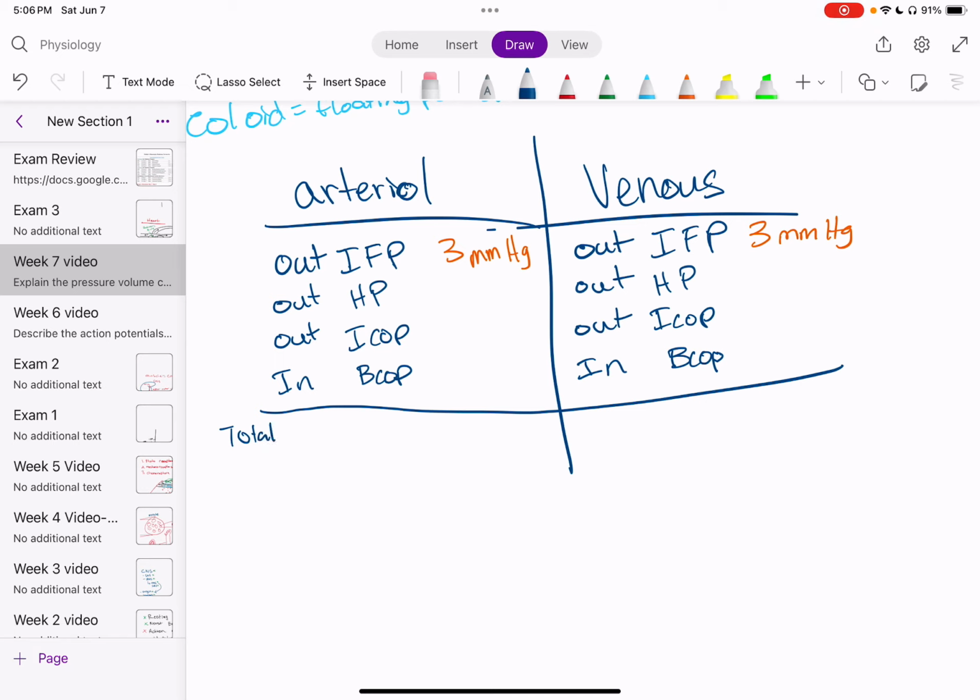Okay, so on the arterial side, this hydrostatic pressure is 30 millimeters of mercury. And on the venous side, it's only 10 millimeters of mercury. For the ICOP, it stays consistent at 8 millimeters of mercury.